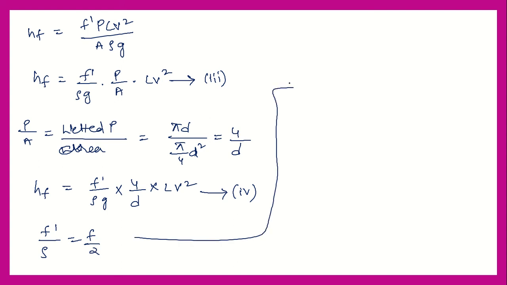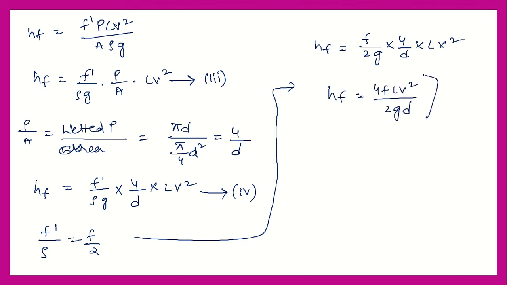We finally get HF is equal to F by 2g into 4 by D into L V square, and finally HF turns out to be 4 F L V square by 2 g D. This is called our Darcy Weisbach equation, which is very important.